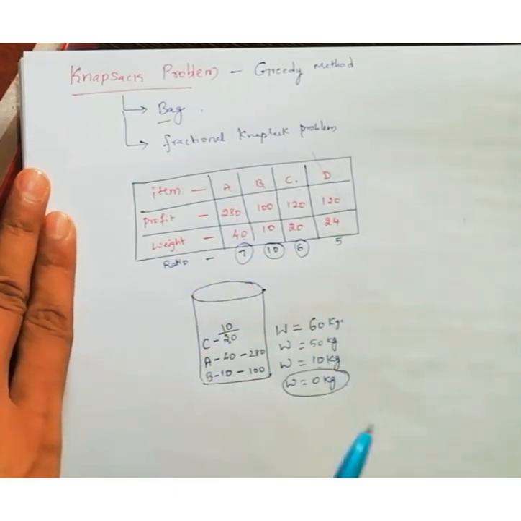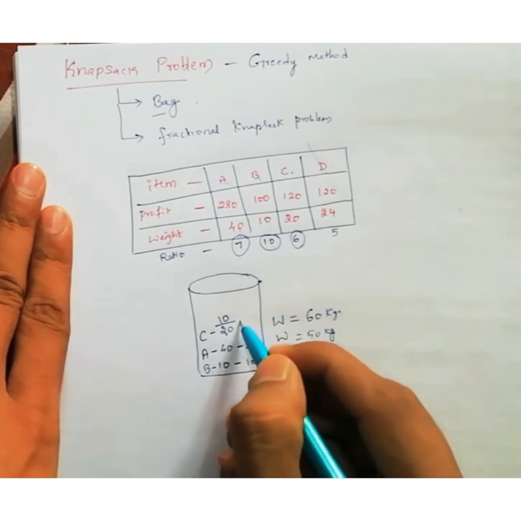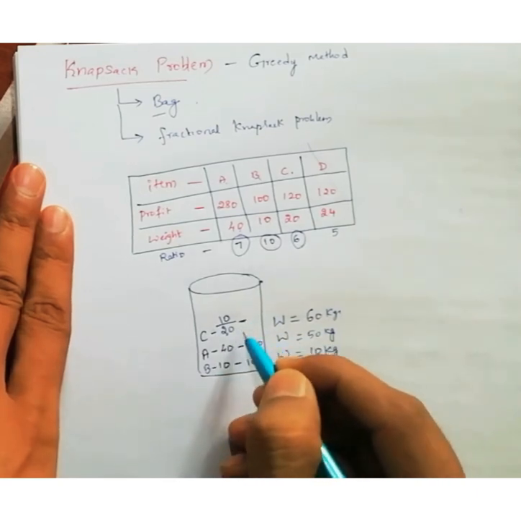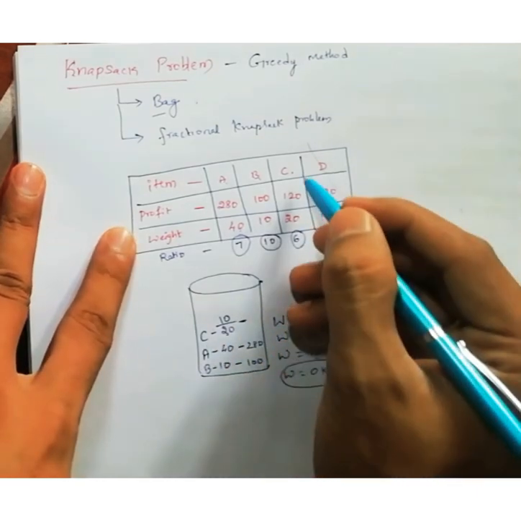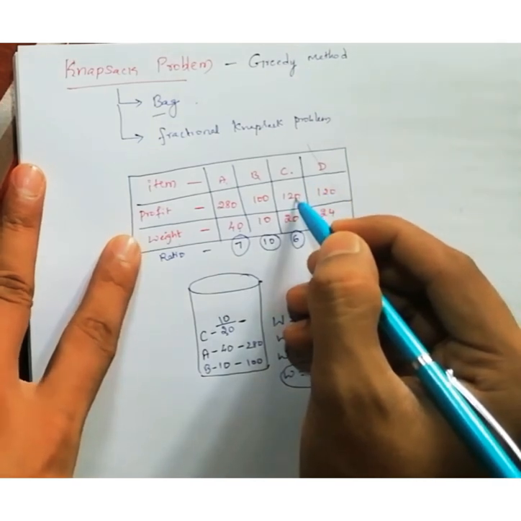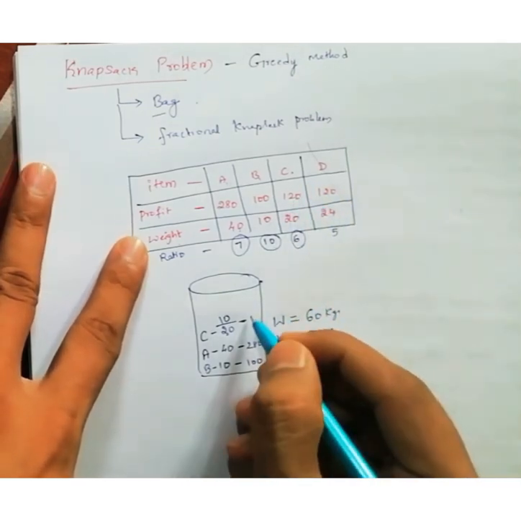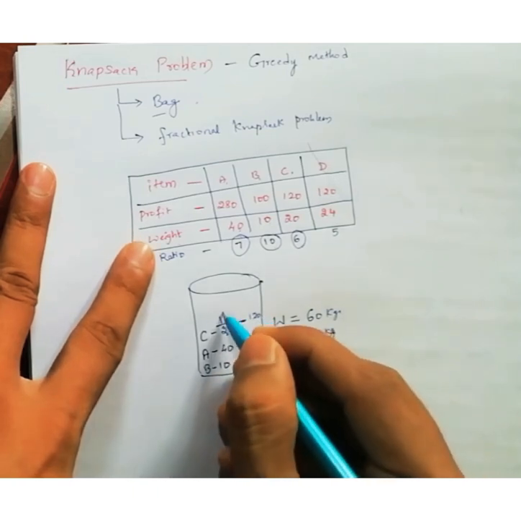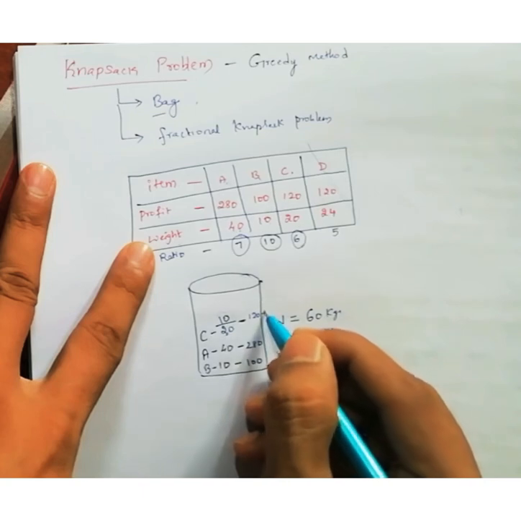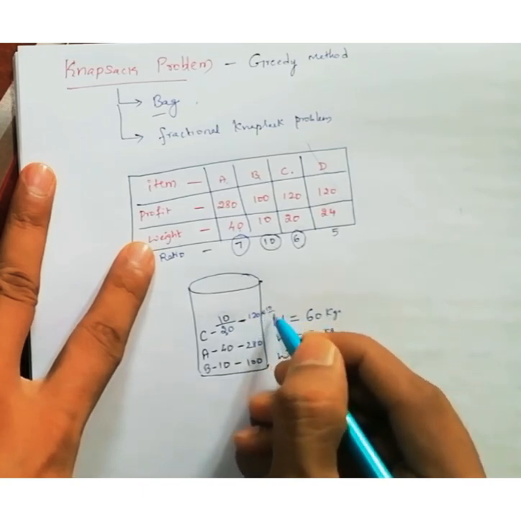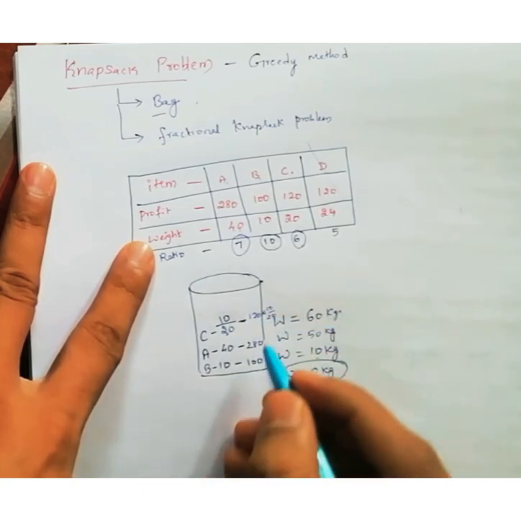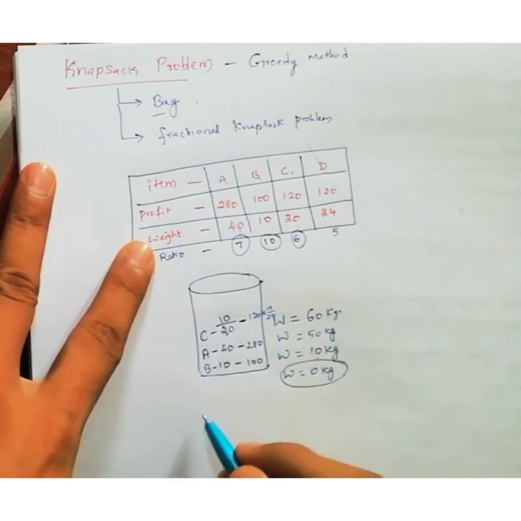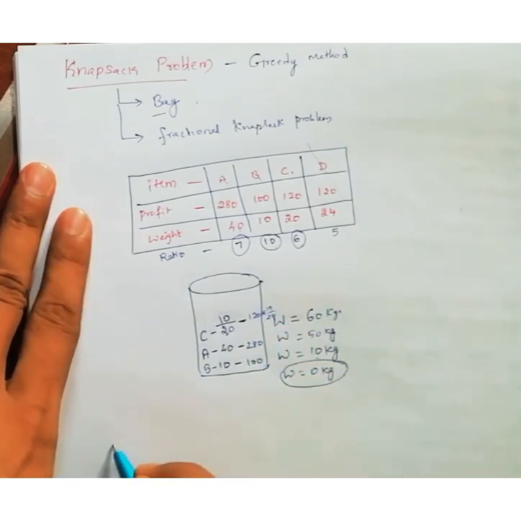In the next stage, what do we have to do? What is the profit for C? 120. But how much did we select? 10 by 20, so we have to multiply by 10 by 20: 120 into 10 by 20. Now we have to calculate the maximum profit.